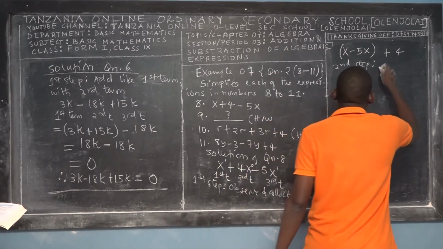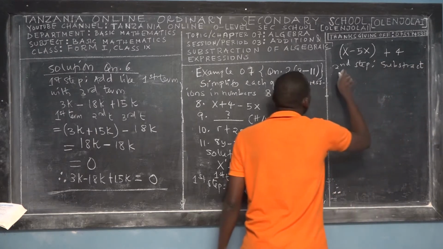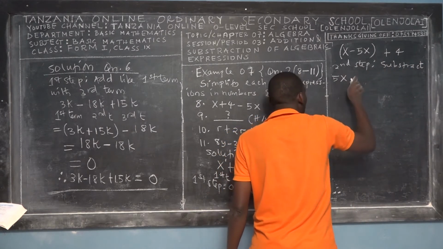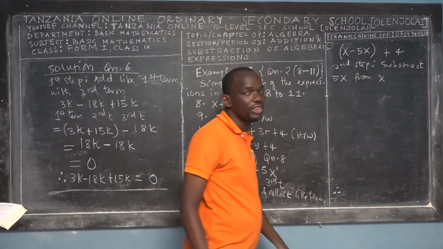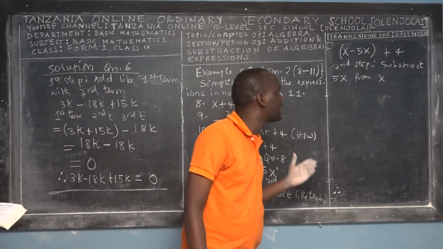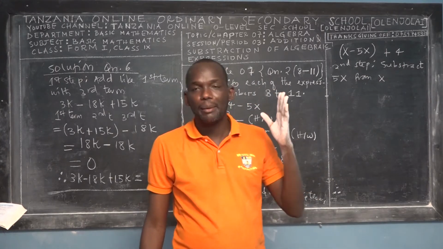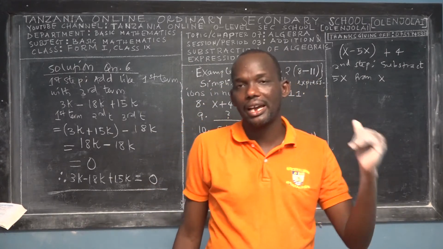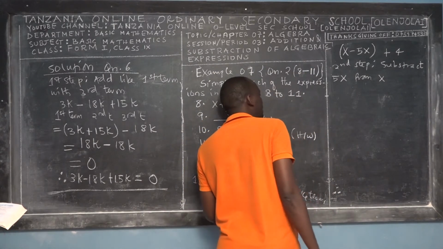Okay, so we say subtracting 5x from x. You have to remember the concepts of integers. Kumbuka concept ambao umejifunza shule ya msingi kuhusiana na hasi na chanya. Ukichukua namba ndogo, toa namba kubwa, siku zote inabakia hasi. Ukichukua namba kubwa, toa namba ndogo, tunapata chanya.